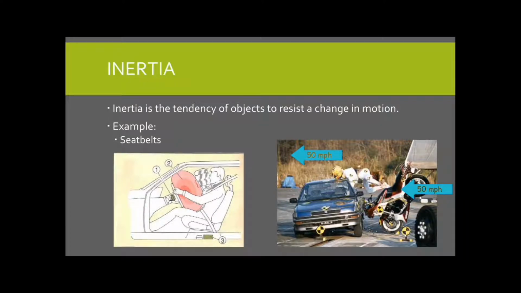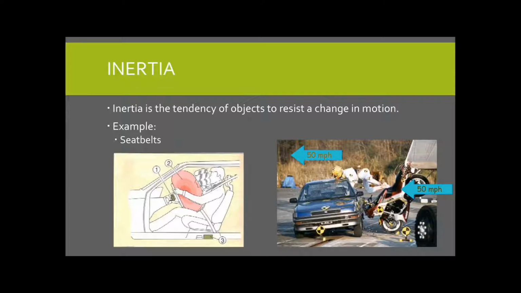If you get in a car accident and you're not wearing your seatbelt, your body is going to stay in motion. Even though you may not think that you're in motion, you are because you're moving with the car. But if the car comes to a sudden stop and you're not wearing your seatbelt, you're going to continue moving and probably go through the windshield. But if you're wearing your seatbelt, it's going to stop you.